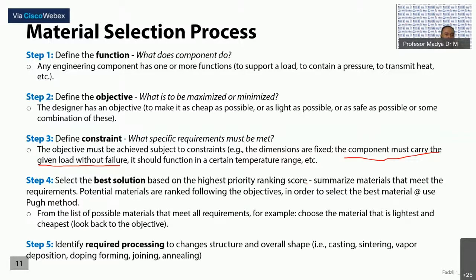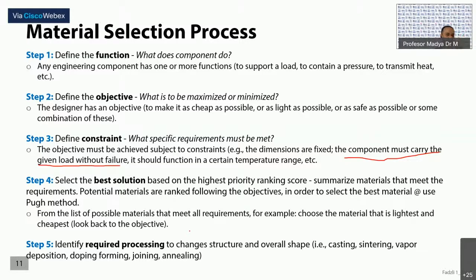Contoh, you berbalik-balik kepada objektif tadi. Mungkin dia kata, for example, choose the material that the lightest and cheapest. Itu adalah mungkin daripada 5 tadi, material A adalah yang paling lightest dan juga cheapest. So that you rankingkan ni based kepada objektif tadi. Mungkin objektif you kata tadi, you nak paling ringan dan juga paling murah. So that you rankingkan lah yang 5 ni tadi.